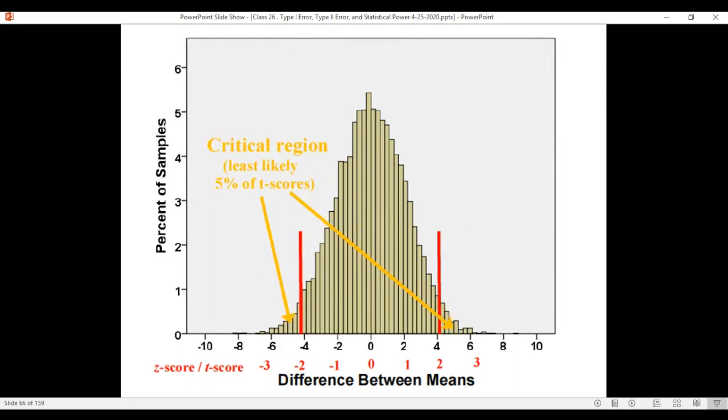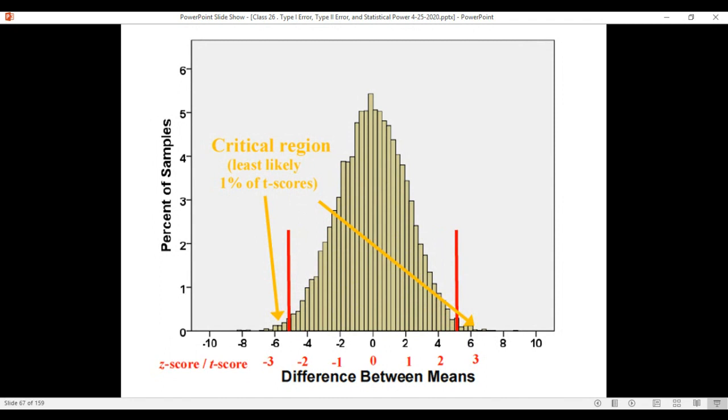So this is alpha equals 0.05 again. And in a moment, I'm going to show you alpha equals 0.01 again. But this time, I want you to watch what happens to the area of the critical region. That's the area of the histogram that's outside the red bars, outside the critical values. Ready? This is alpha 0.05.